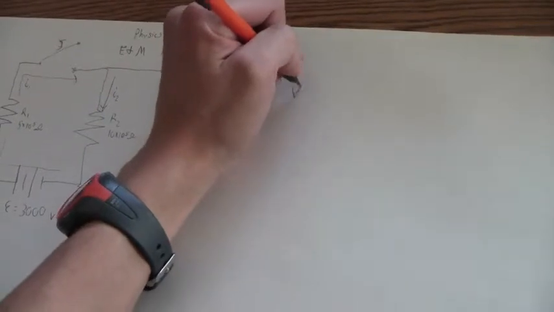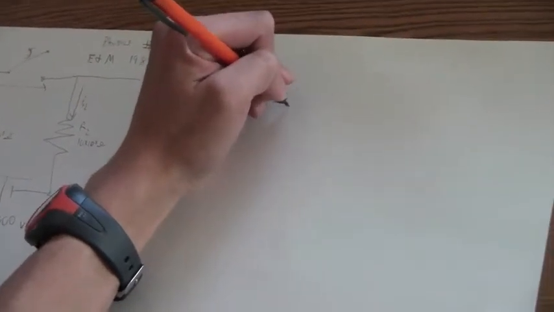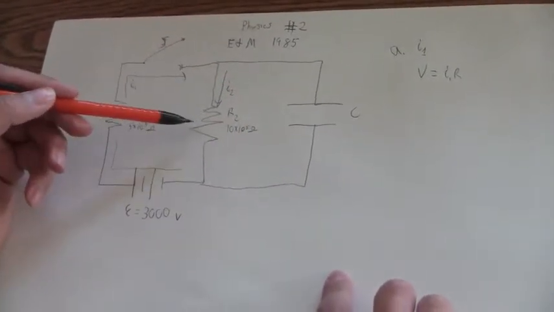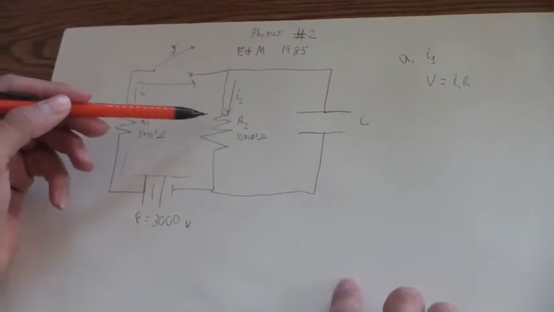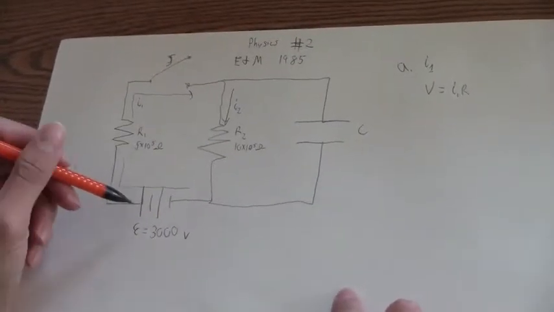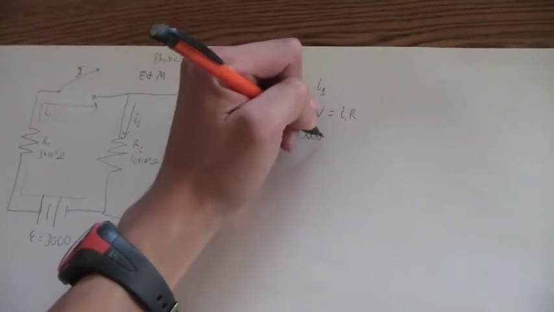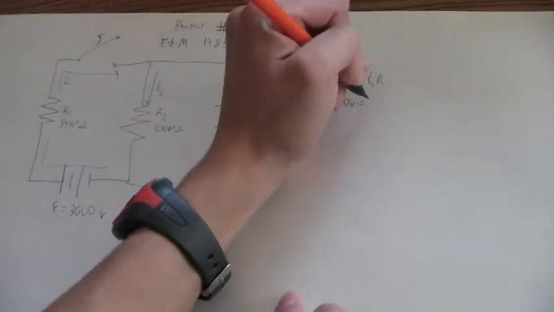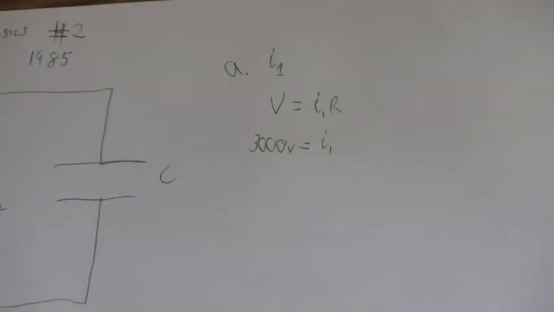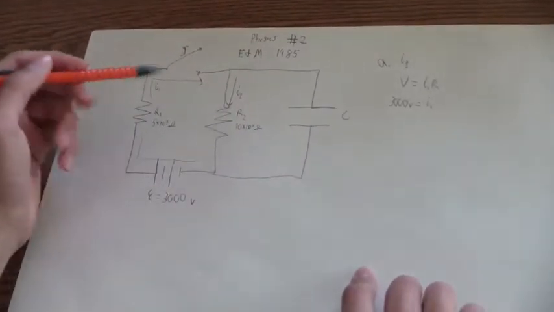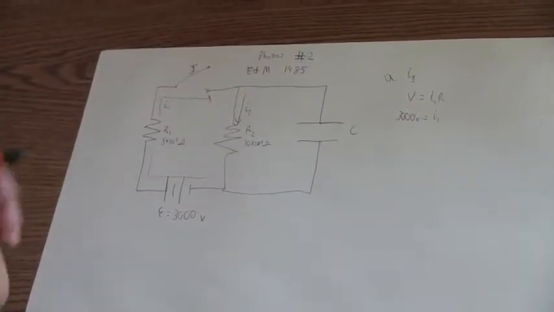Here you're going to use the equation V equals IR. And in this situation, since all of the charge is going across the capacitor, R2 is not a part of this part of the problem. So the battery is going to be your volts, which is 3,000 volts. And that's going to be equal to I1 times R, and the only R in this part of the problem is going to be R1, since the capacitor has no resistance, it's uncharged, and R2 is not a part of it.